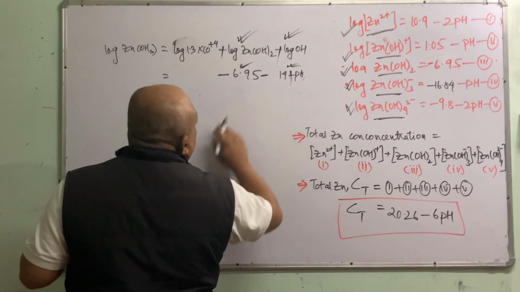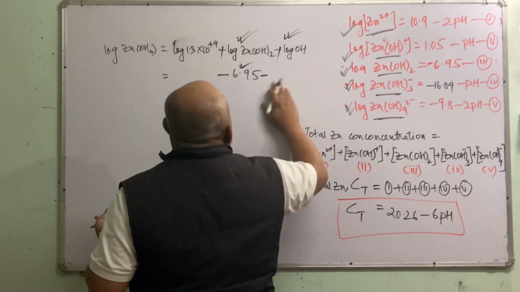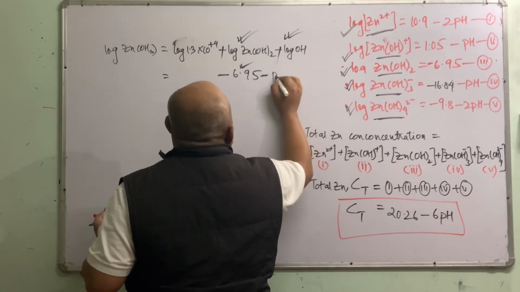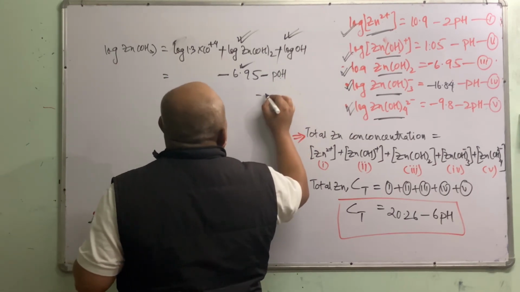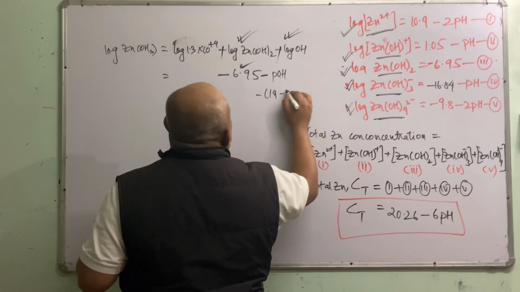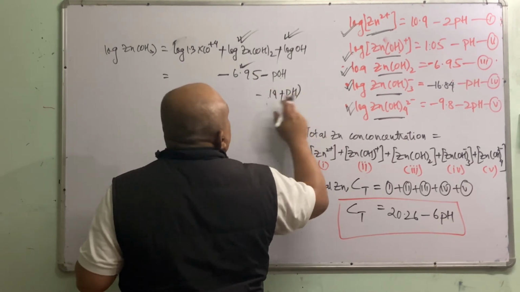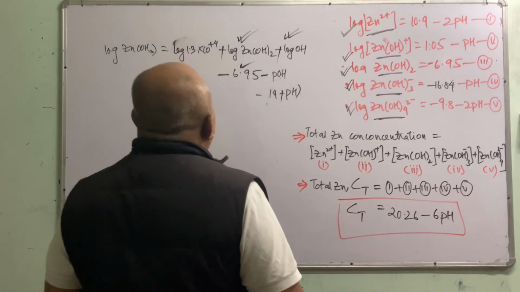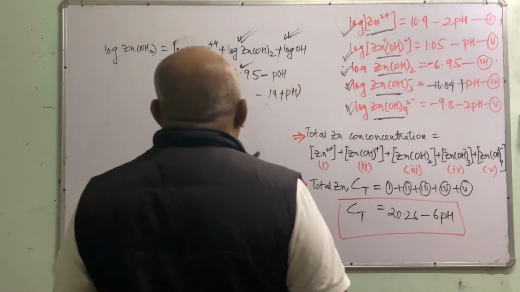Now this part, I will say log of OH is negative pOH. That is, negative pOH is 14 minus pH. So this is minus 14 plus pH, so then pH should be plus. This is plus. Correct.